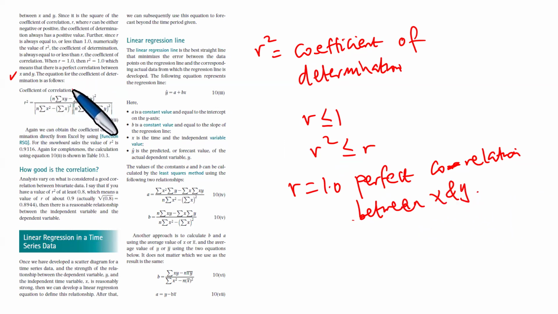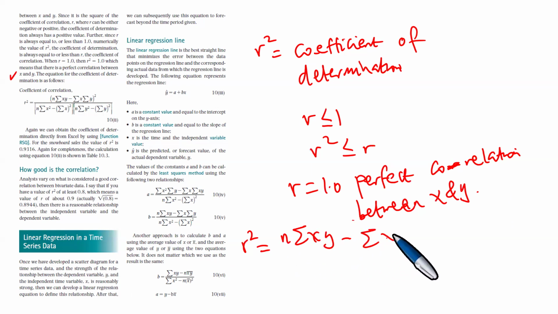The equation for the coefficient of determination is as follows. Here it is: the coefficient of correlation and the coefficient of determination. We can see, writing it big in case it looks tiny, n times the summation of xy minus the summation of x times the summation of y.